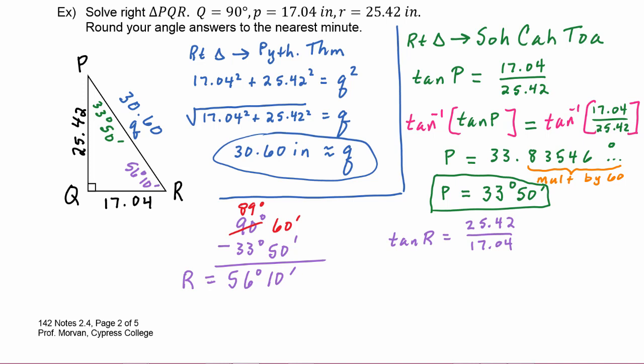So we would take the tangent inverse of the left-hand side, which is tangent R, and we would have to take the tangent inverse of the right-hand side, which is 25.42 divided by 17.04.